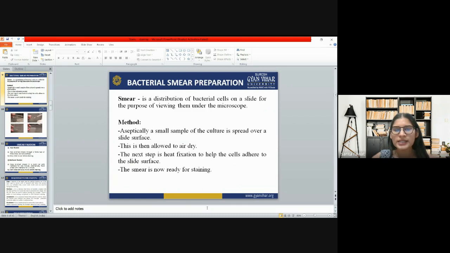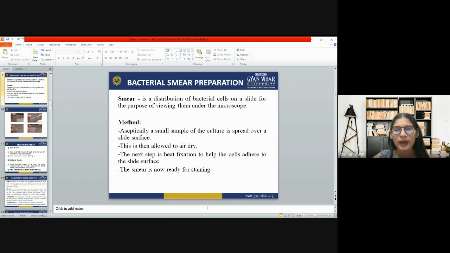Now, bacterial smear preparation. How can we prepare a smear to check the morphology of any bacteria, virus, or any microorganism? First we have to prepare a smear. The visualization also depends upon the type of smear we are preparing. A smear is a distribution of bacterial cells on a slide for the purpose of viewing them under the microscope.